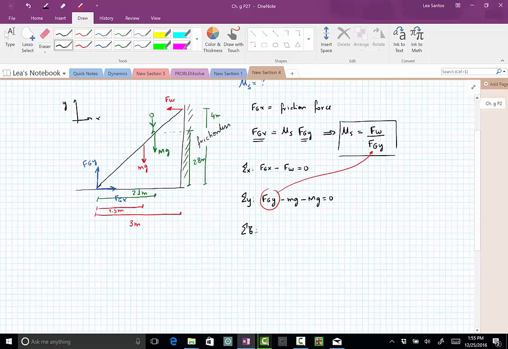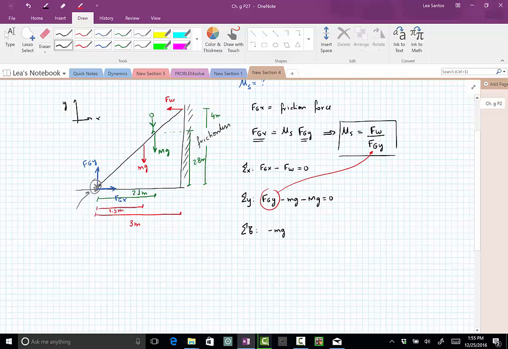So what do we have for torque? Okay, let's choose an axis of rotation, and a very convenient one is to put it right here so we don't need to worry about two forces. Okay, all right, then what do we have? The two weights are trying to move this ladder clockwise. So I have minus mg, the weight of the ladder, and the position where it is, 1.5.